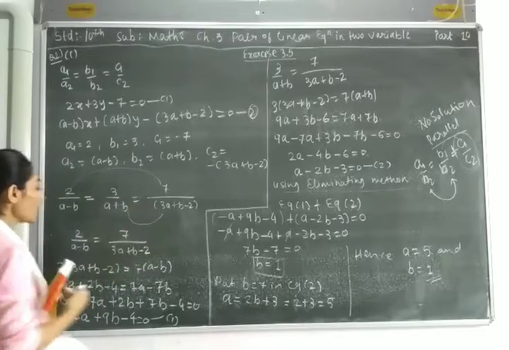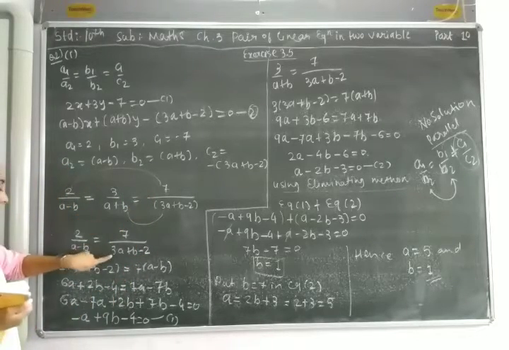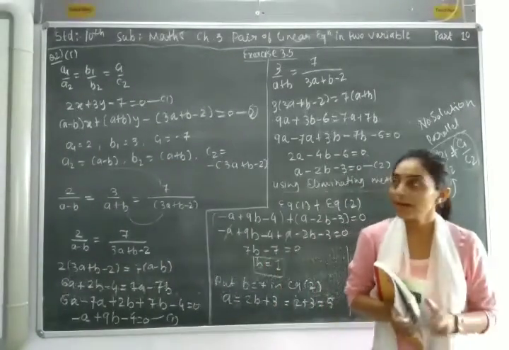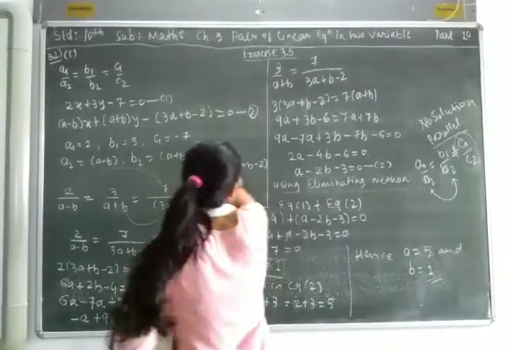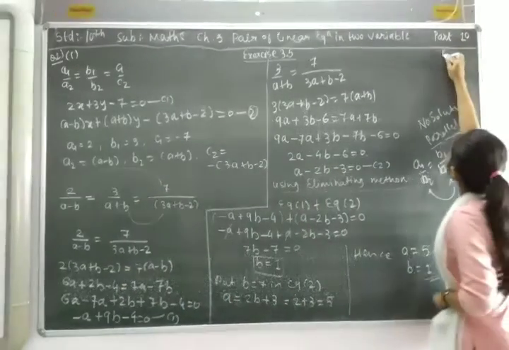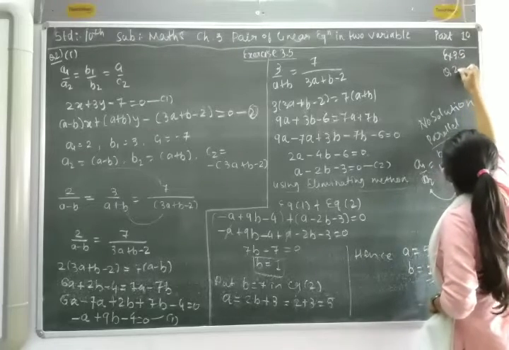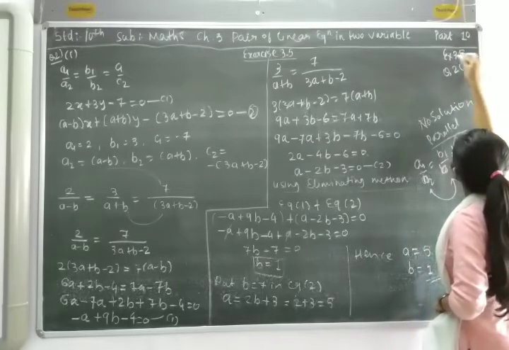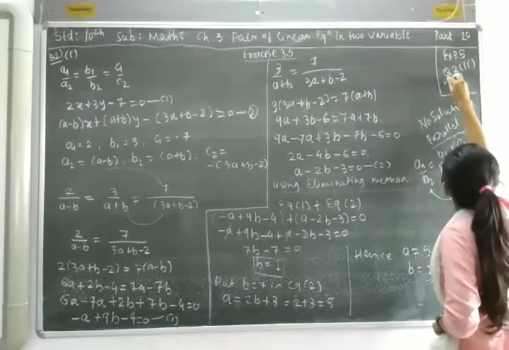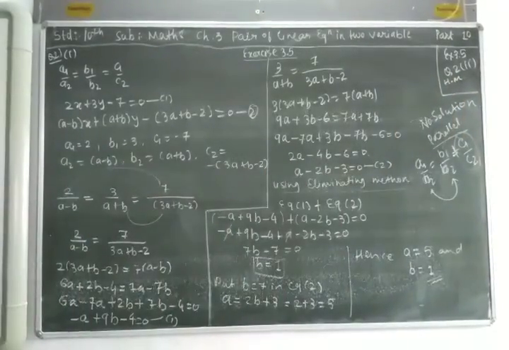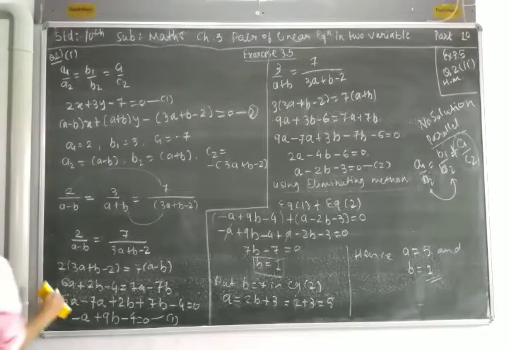Now combining your first and second one, you will get the value of your k. So question number 2, exercise 3.5, is in your homework. Now let's move to one more question.